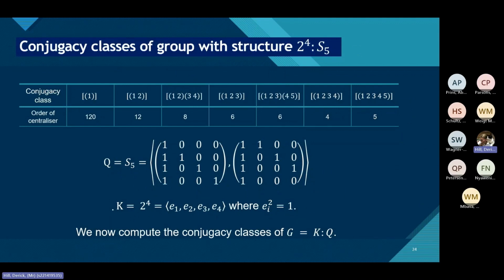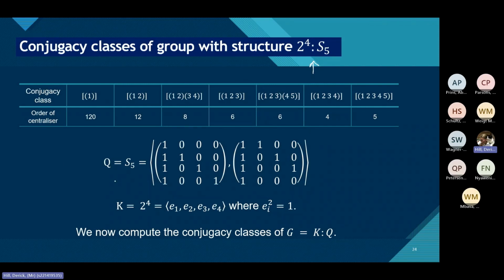We're given the problem that we want to find the conjugacy classes of the group with structure 2^4 split extension S5. So that colon means a split extension, which I already said is the same as a semi-direct product.